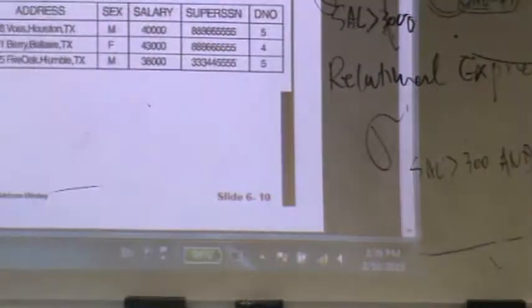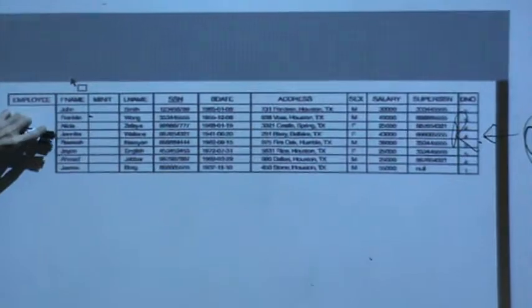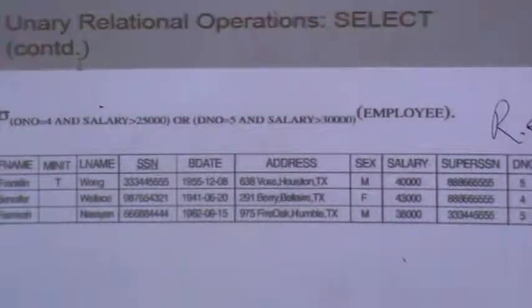So what about this? From this example, how many? 1, 2, 3, 4, 5, 6, 7, 8. We have 8 employees, so we are going to apply this select operation.